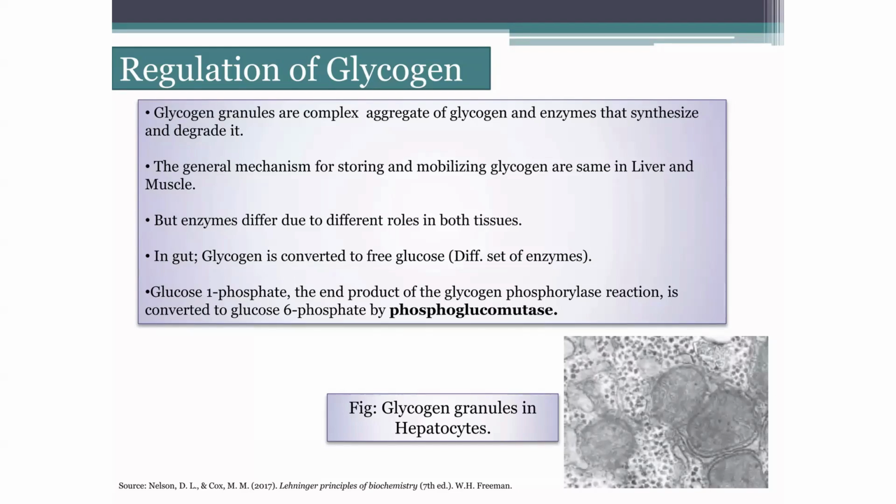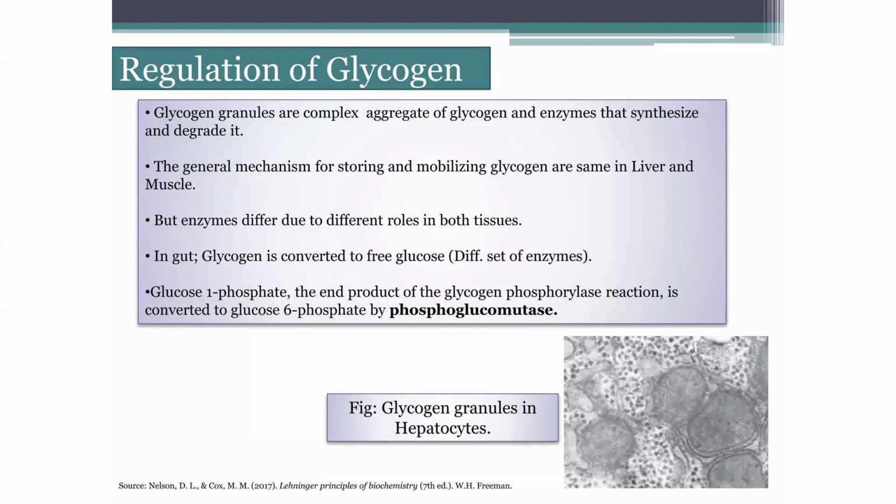And at the same time, glucose 1 phosphate, which is the end product of the glycogen phosphorylase reaction, is converted into glucose 6 phosphate by phosphoglucomutase.